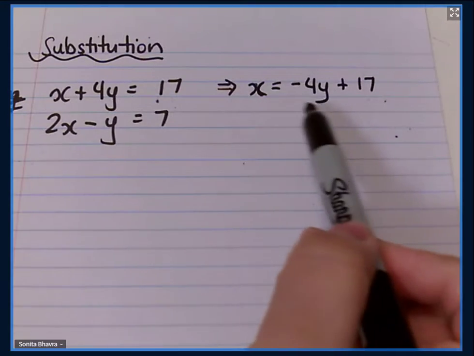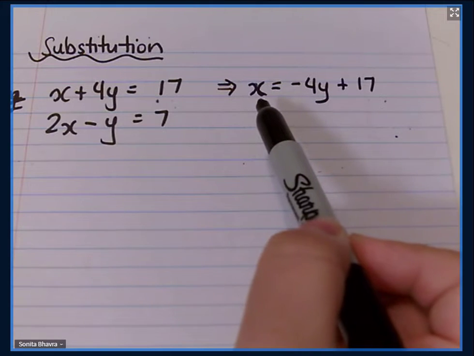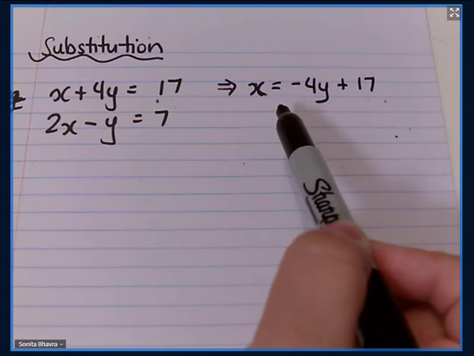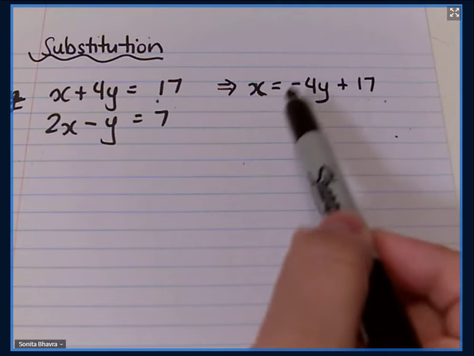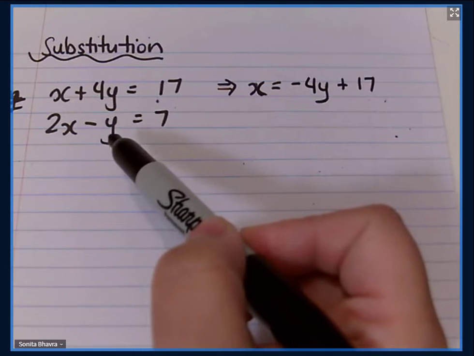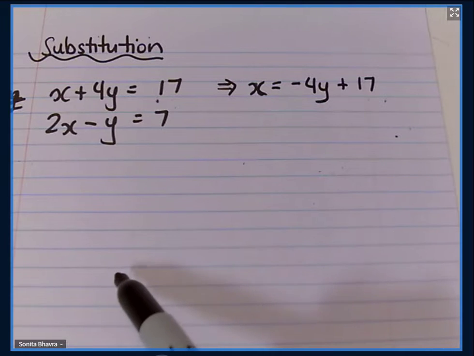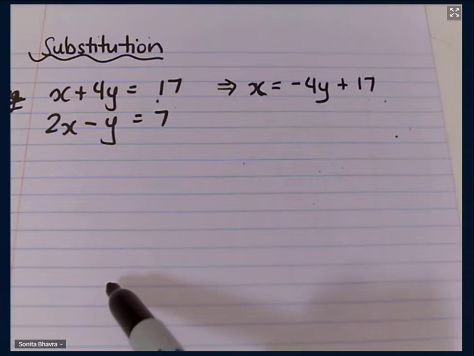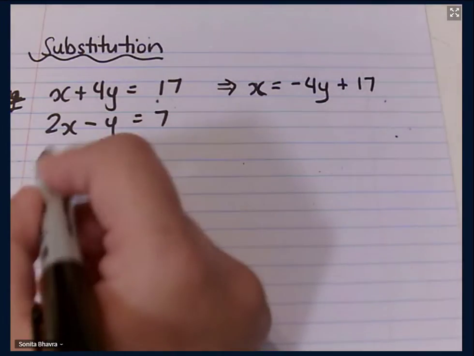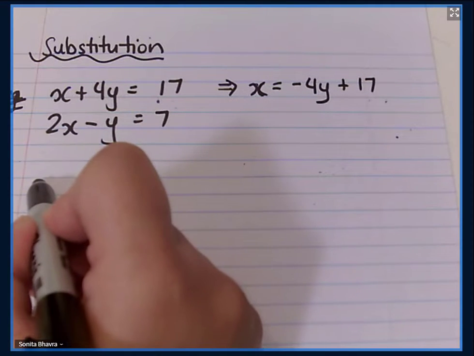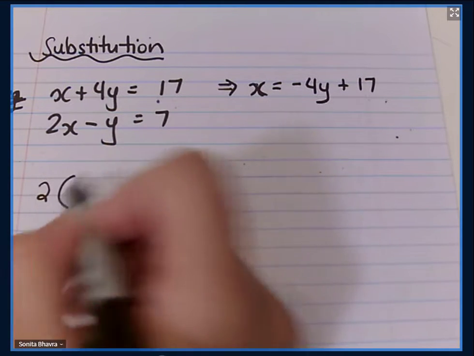All right, now that we have our first equation expressed as x equals, I can now substitute this into my second equation, which is 2x minus y equals 7. All right, so 2x minus y equals 7 becomes 2.